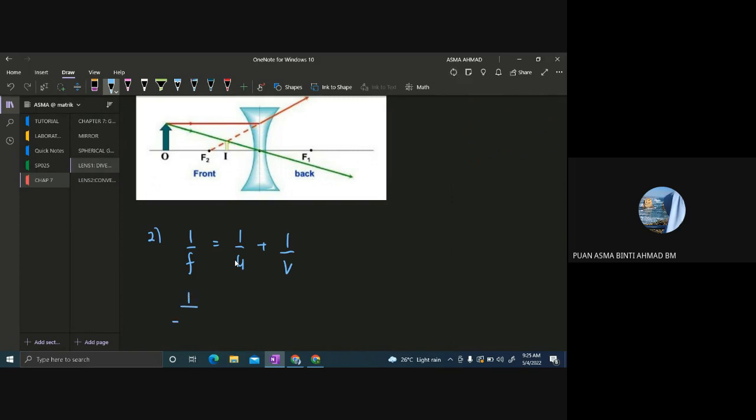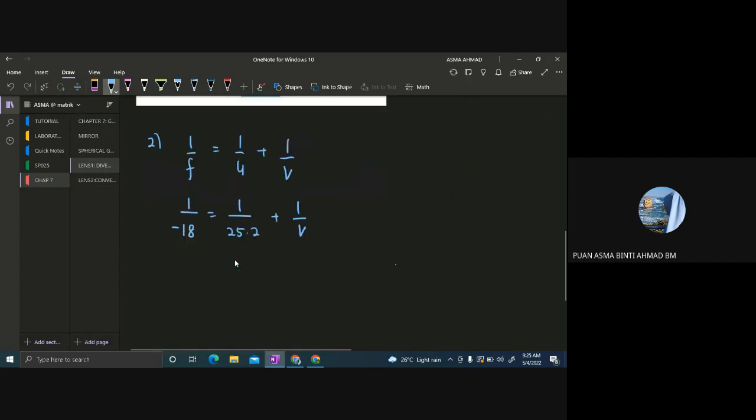Our f is negative 18, negative because it's a diverging lens, and u, the position of the object, is 25.2 centimeter, plus 1 over v. So we will get v equal to negative 10.5 centimeter. Negative shows that the image formed is virtual.